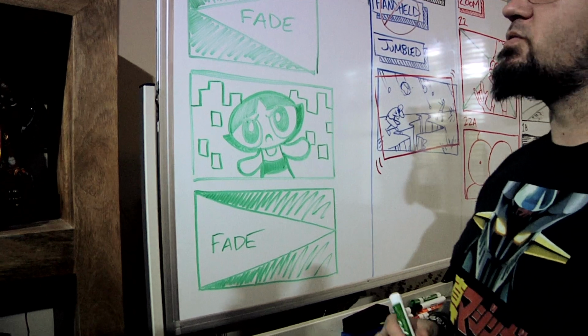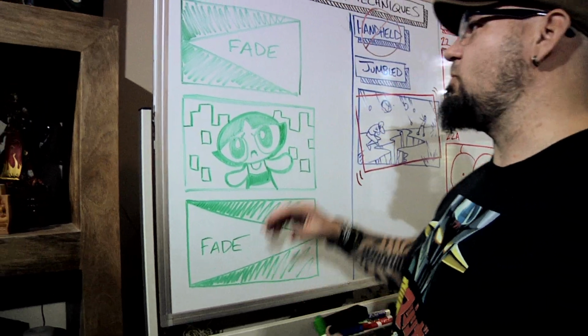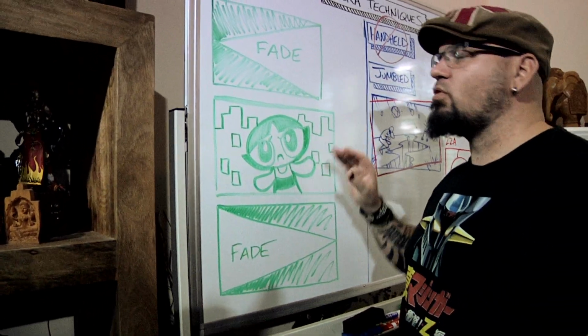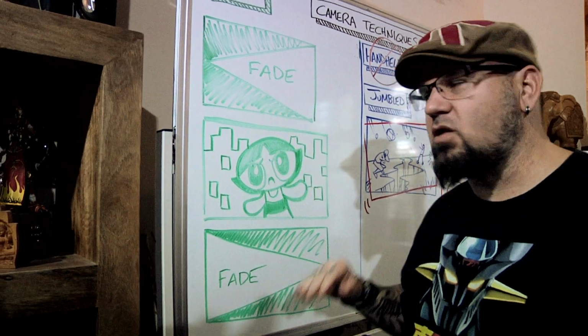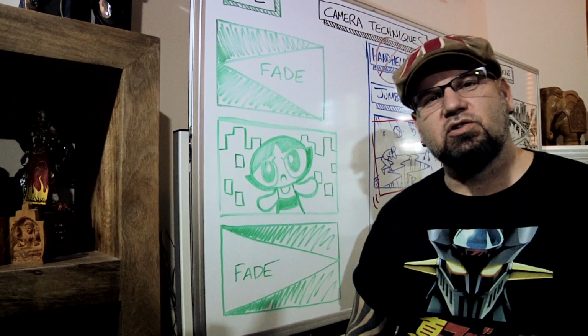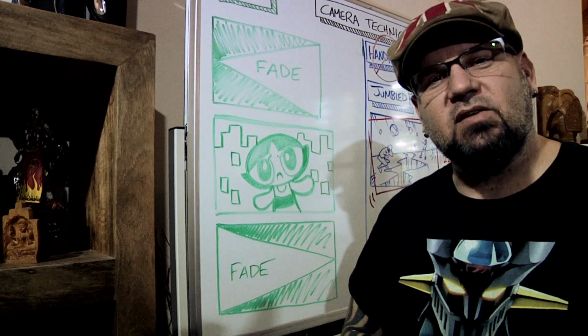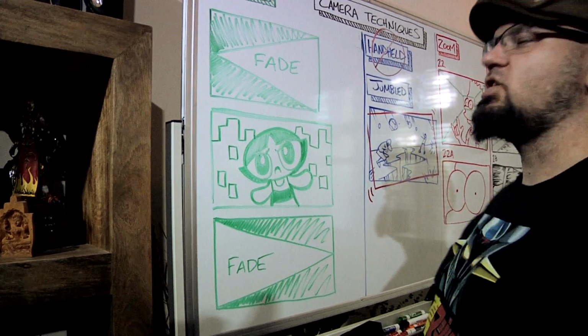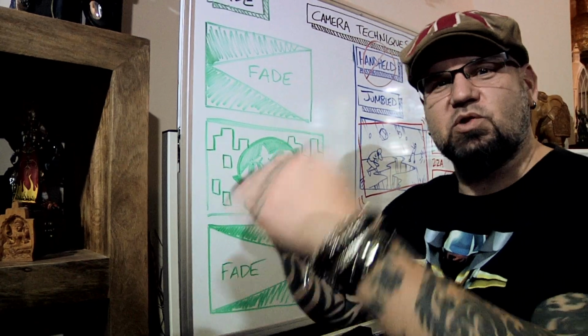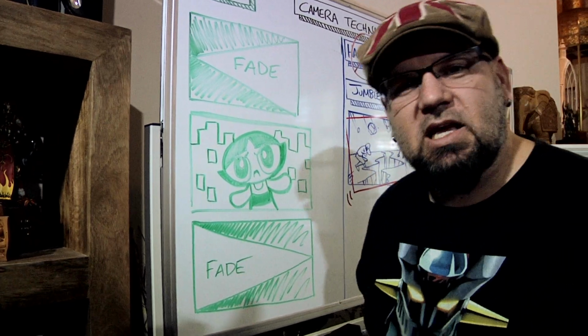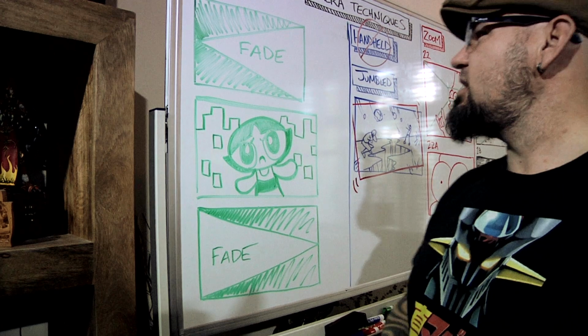Now there is another shortcut that you can do. Let's say you draw your storyboard and you forgot to put a fade in or a fade out, and your art director or your client says, listen, we want to add a fade in the beginning of that. And you're like, oh my gosh, I've got to cut out all my storyboards and rearrange everything just so I can add this fade in. There actually is a shortcut.